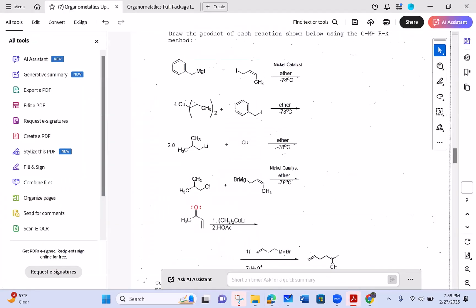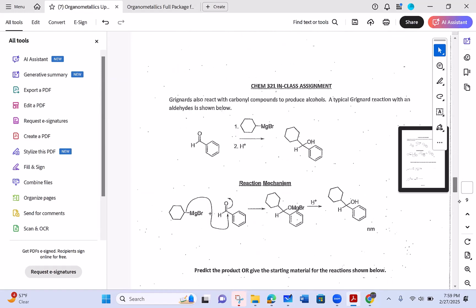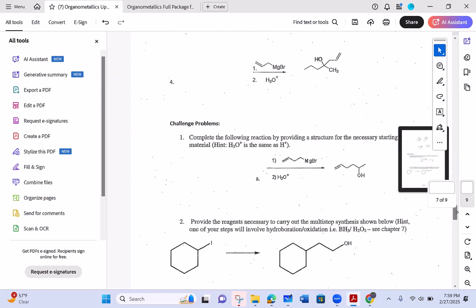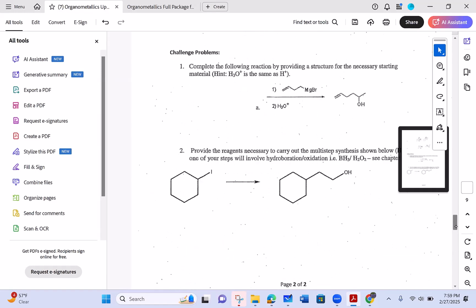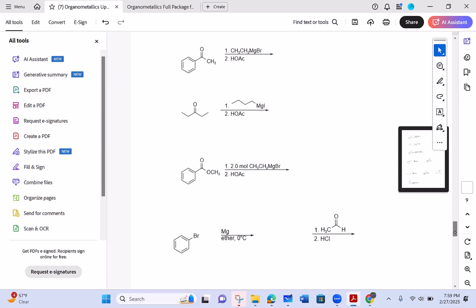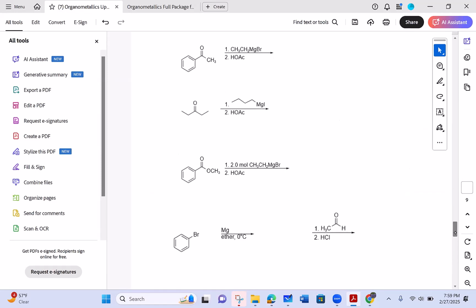We did a bunch of stuff yesterday. Yesterday was Wednesday. It was a practice sheet that I had. I used it in a previous class. Oh yeah, that is the practice sheet that we did yesterday. I uploaded it to Canvas yesterday.